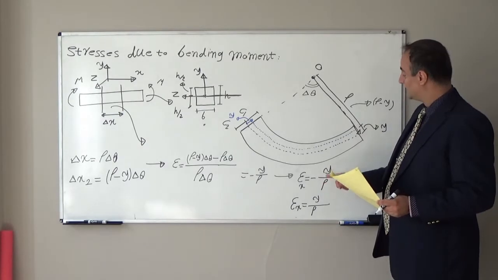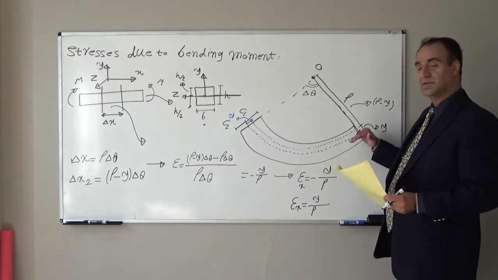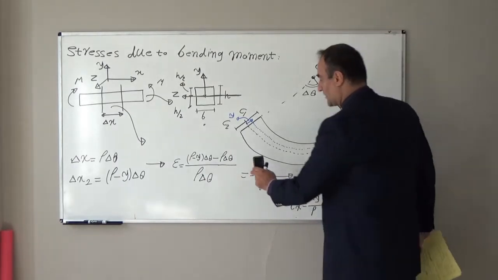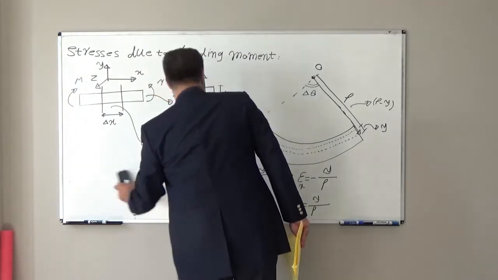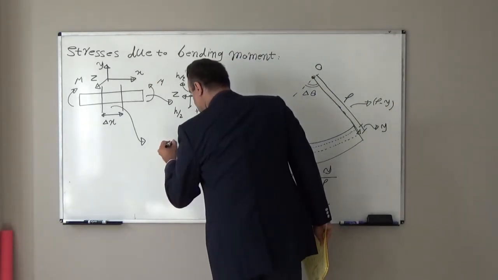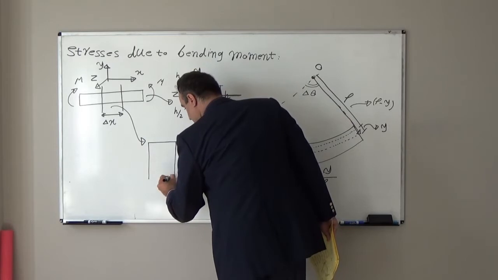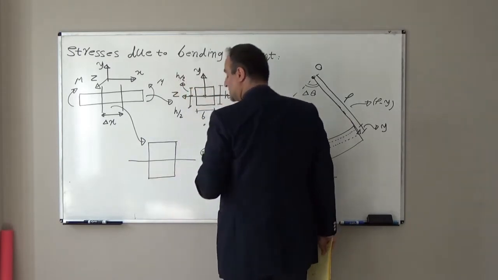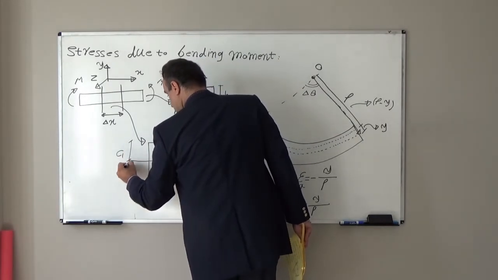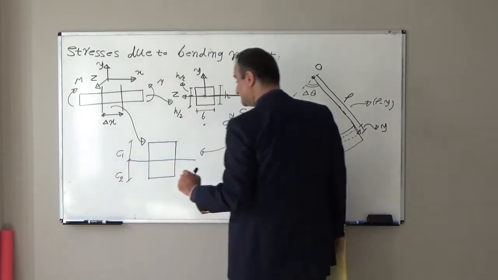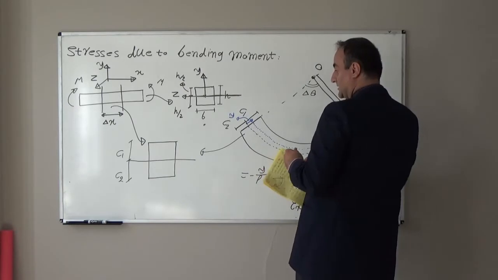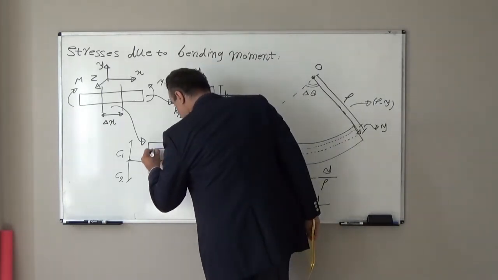So let's see what is happening above this neutral axis location. If I look at the cross section, assume the cross section is rectangular. This is the location of the neutral axis, C1, C2, and the location of that blue dashed line in the cross section will be something like this.